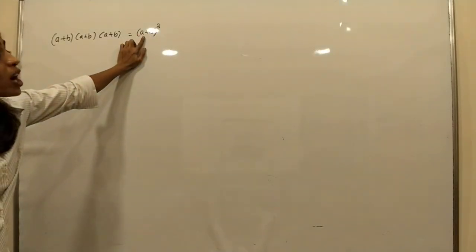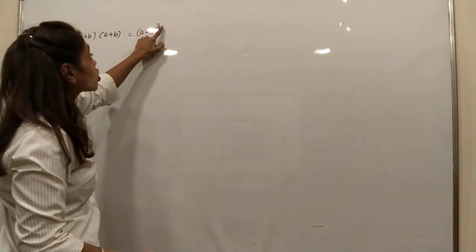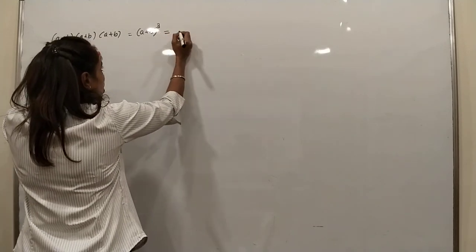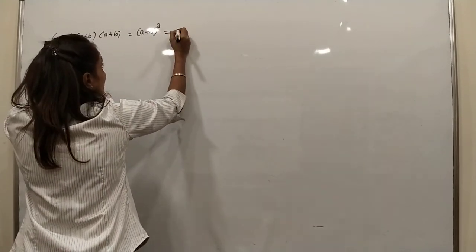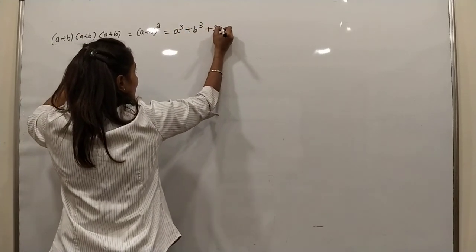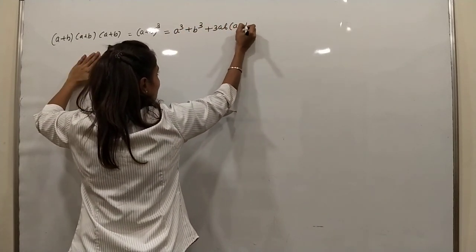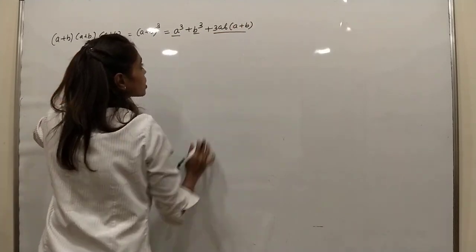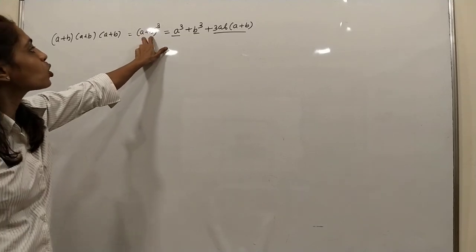The formula is a cube plus b cube plus 3ab in bracket a plus b. Total 3 terms, and this one is a multiplication term. That is a plus b the whole cube.